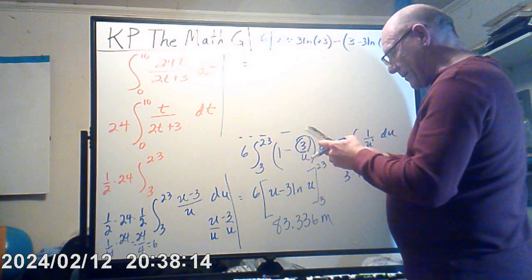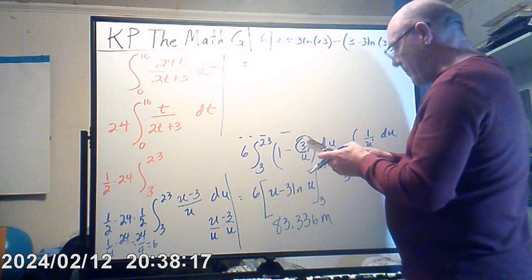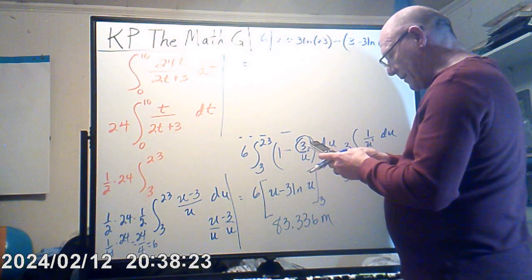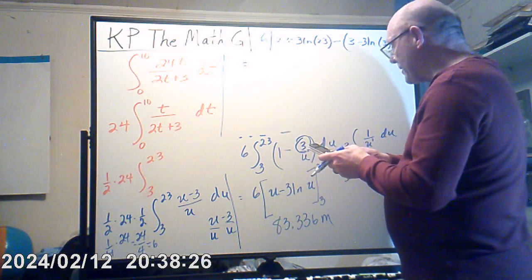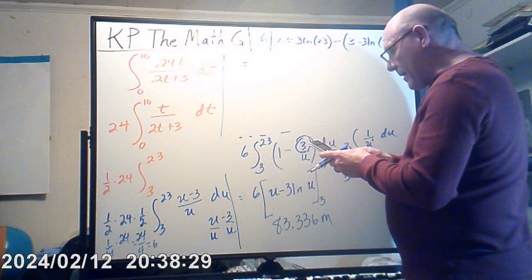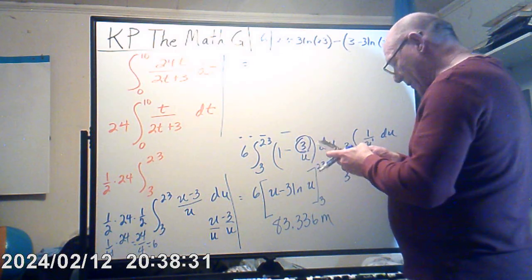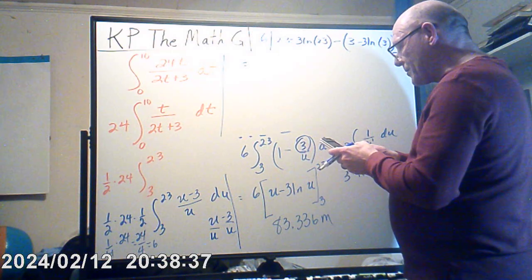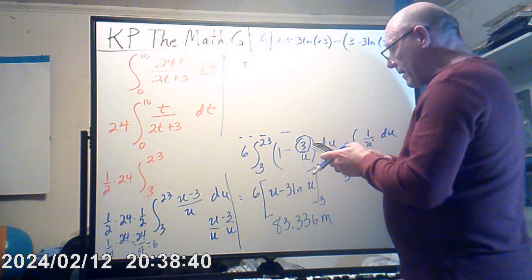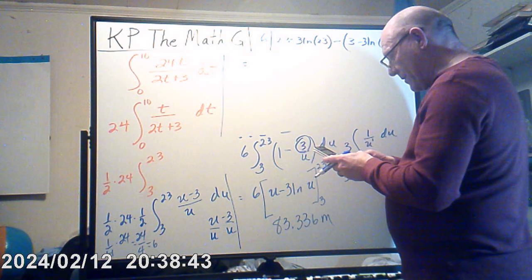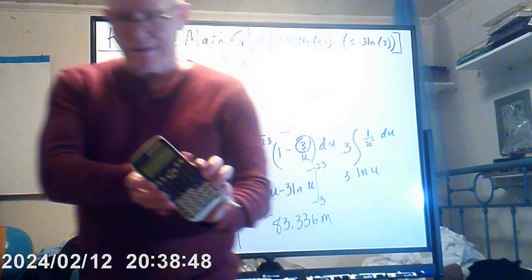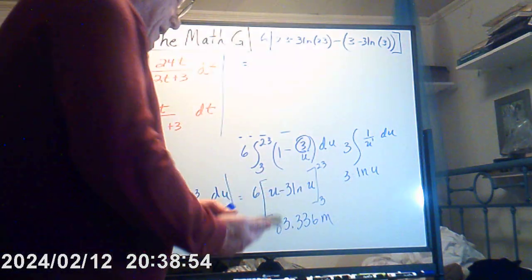So let's try it again: 23 minus 3 ln of 23, close parentheses, minus 3 plus 3 ln of 3, close parentheses, enter, times 6, enter. It works, and I got it. There it is right there.